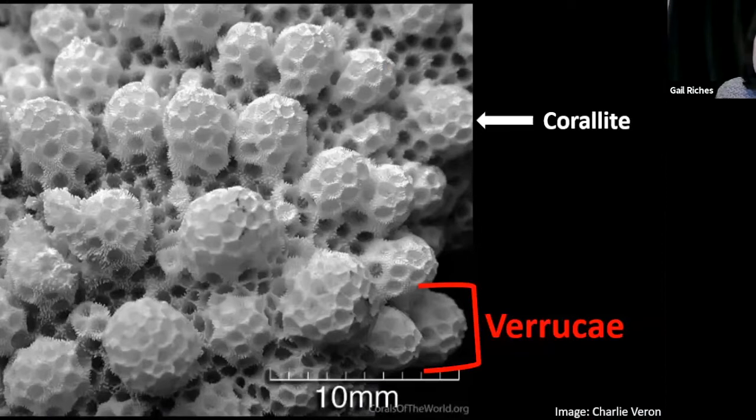If we have a look at the skeletal structure, you'll see the verrucae there I've outlined. And if you can see the tiny holes on the bumps, they're the corallites.